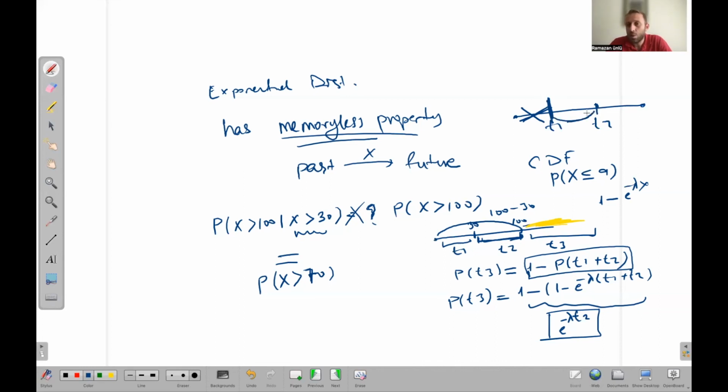Because now, if I think of this point as a new starting point instead of this one, this 100 will be 70, and my 30 will be 0. What I'm asking is the probability that x is greater than 70. Okay, that's why I cannot directly ignore this one, but I can use that conditioning event to determine the new starting point of my experiment.